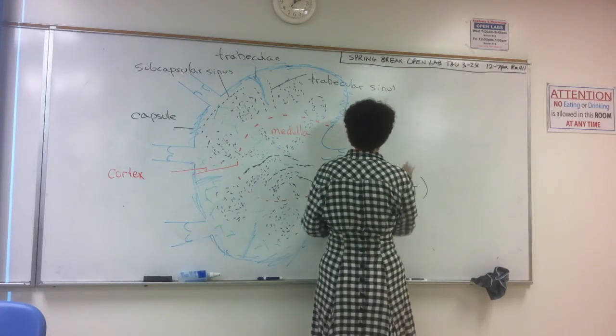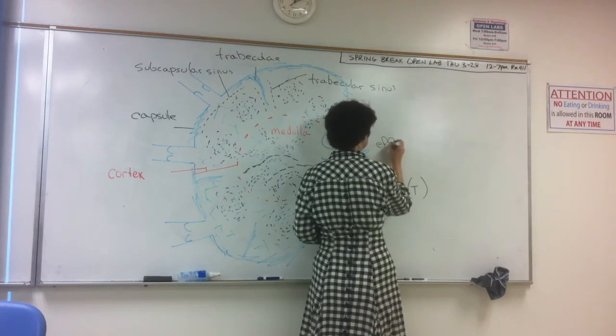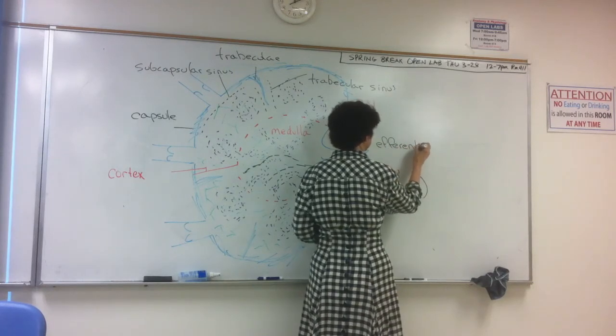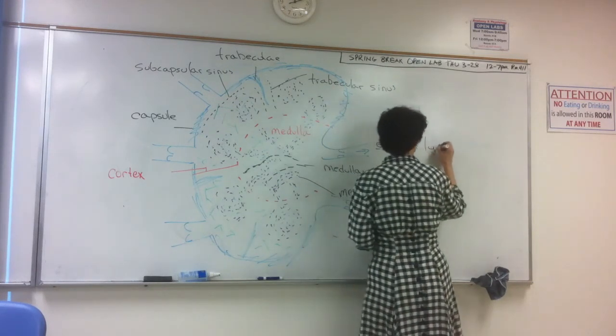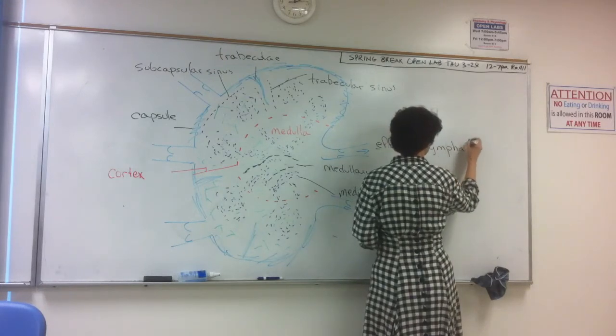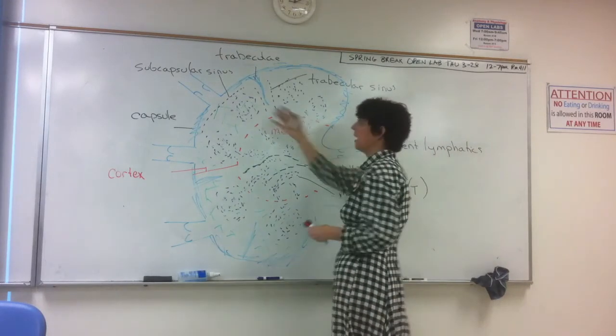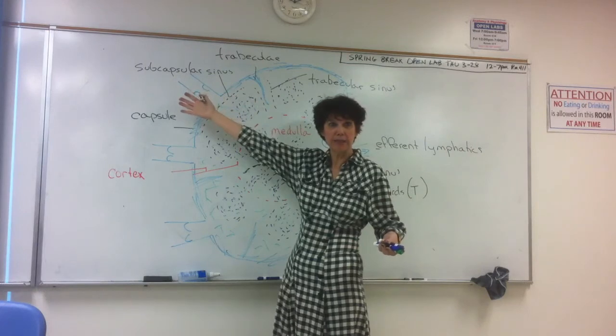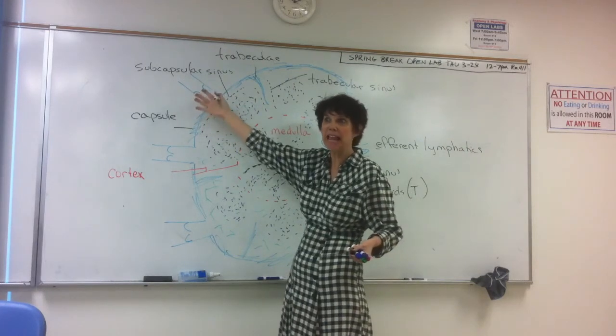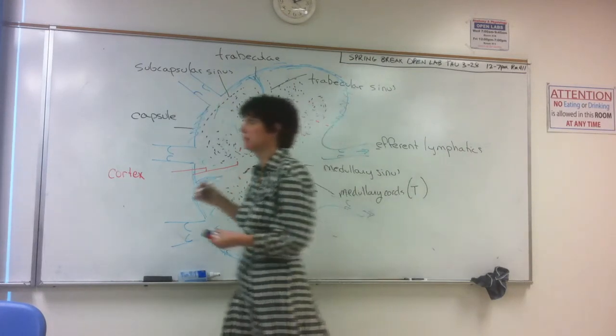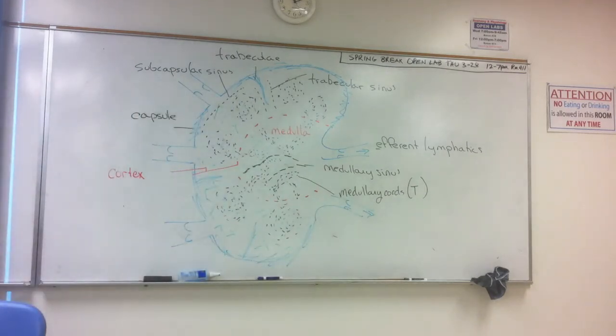And these are efferent lymphatics. Again, when they get to another lymph node, they'll be called afferent lymphatics. In between, they're just lymphatics. So these ones are afferent over here.